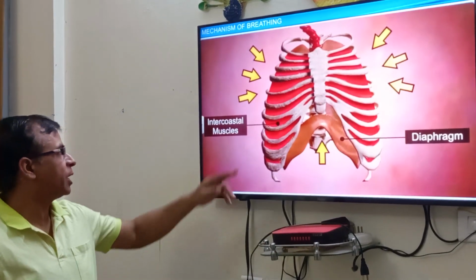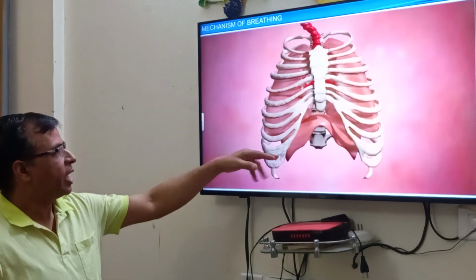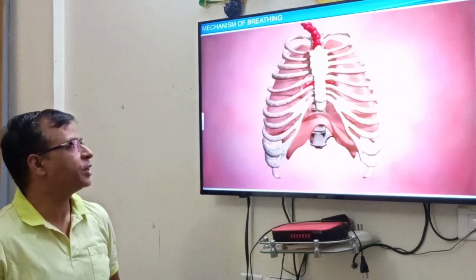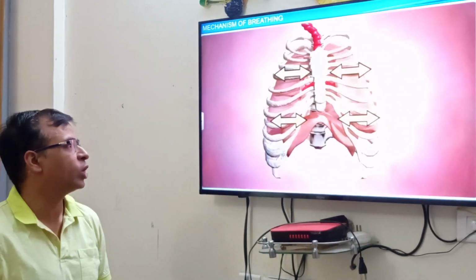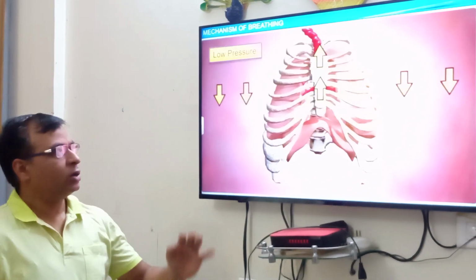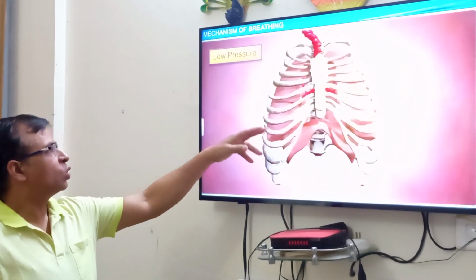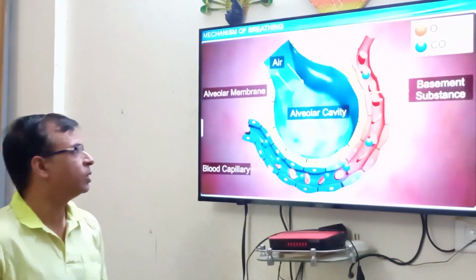During expiration, the intercostal muscles are relaxed and the diaphragm goes upwards, so there is a decrease in the thoracic volume, and this increases the pressure, so there is release of the carbon dioxide.